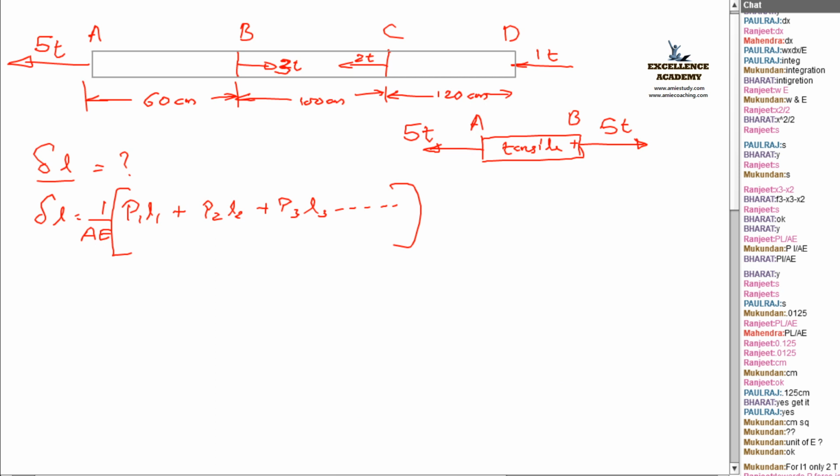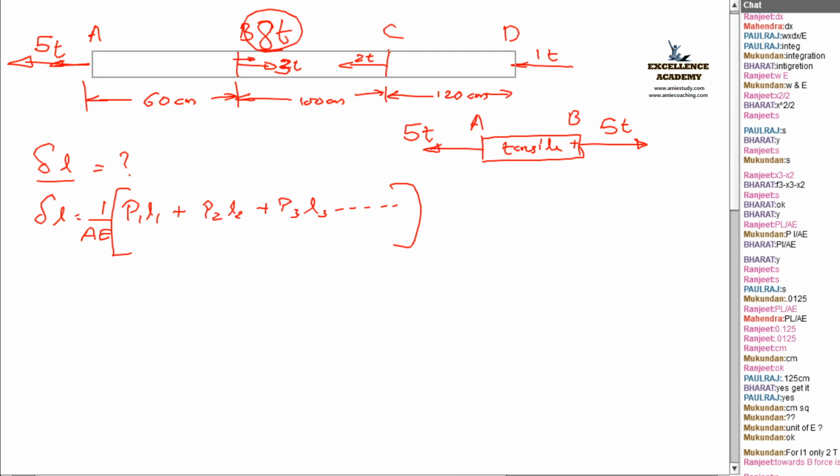So here, what will be the total force at B? 5 ton plus 3 ton according to the free body diagram, that is totally 8 ton acting at point B. Am I right? If 5 ton is acting here, a reaction force will be coming like this, equal to that force itself.